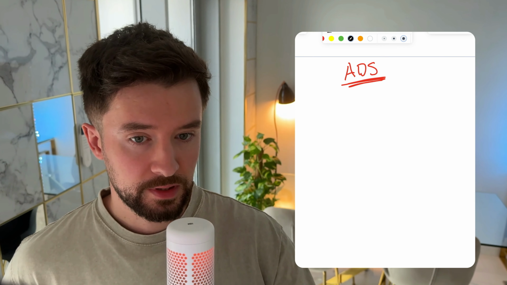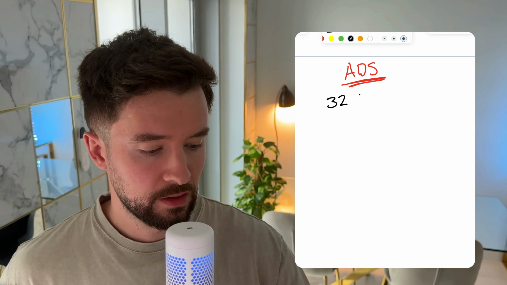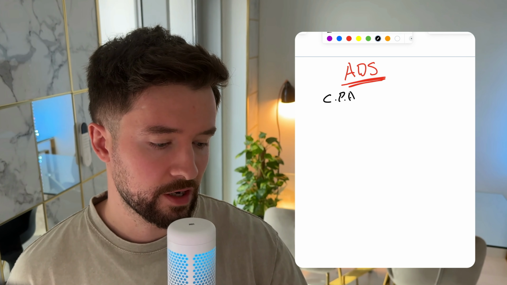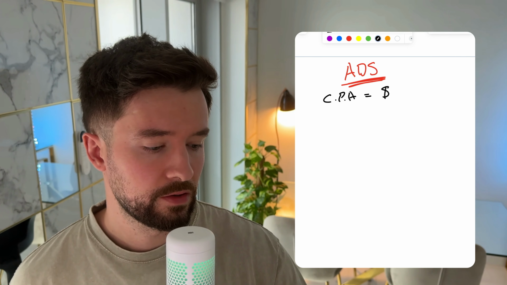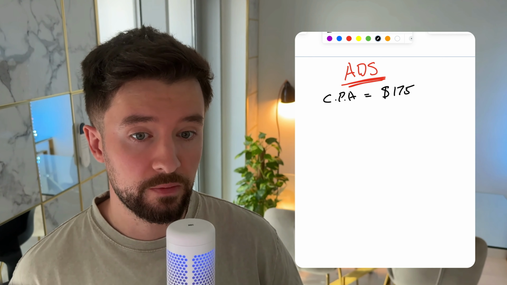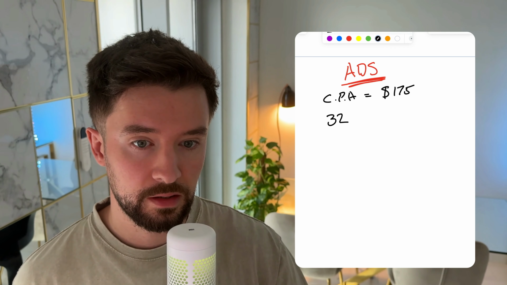So let's take a generic number. Now we know we need 32 clients. So let's say after running ads for a little bit of time, you found that your CPA, which is your cost per acquisition, is $175. That's how much it's costing you to acquire a client through your advertising. Now, we know we need 32 clients to get to 10 grand a month.